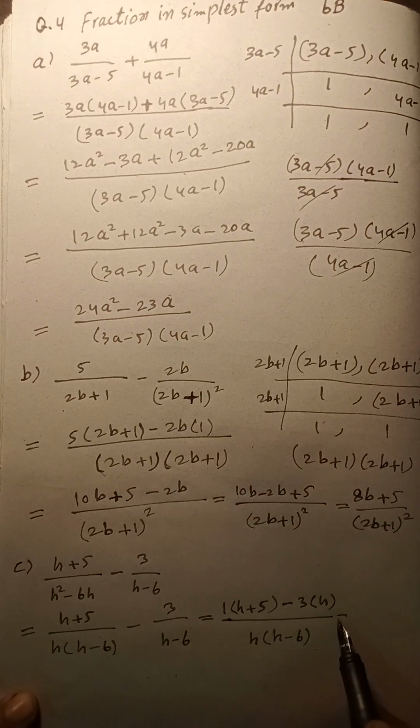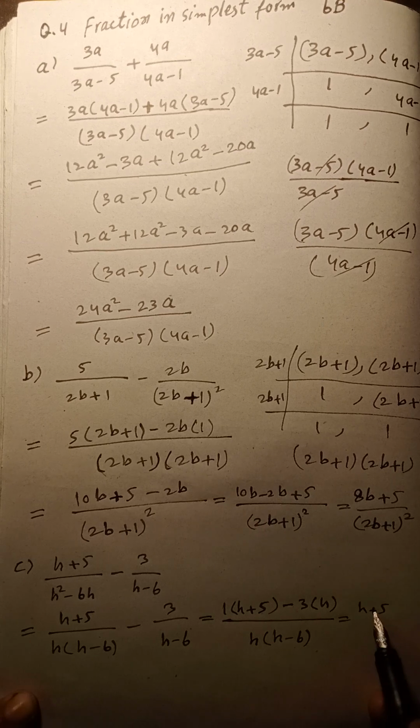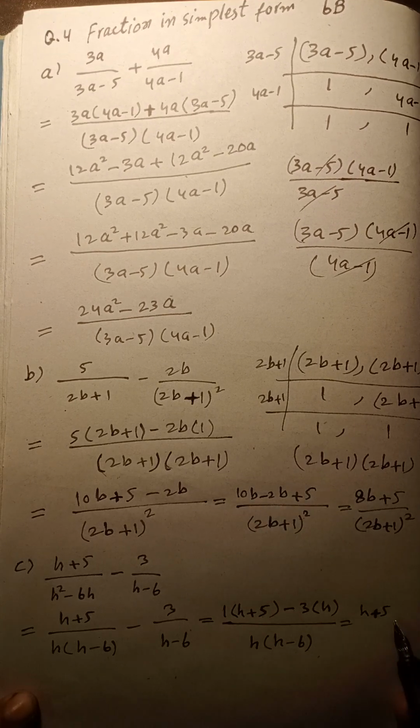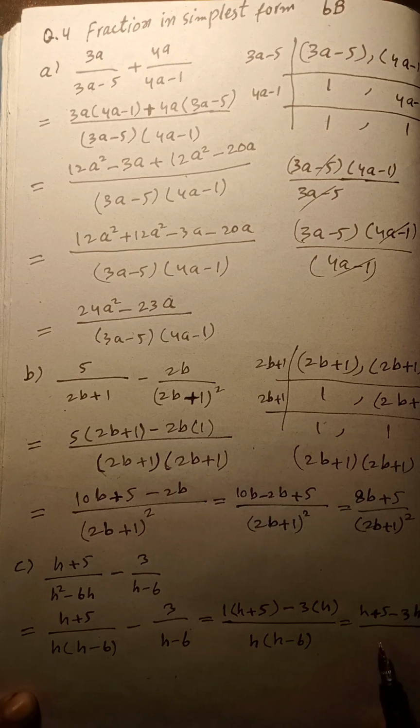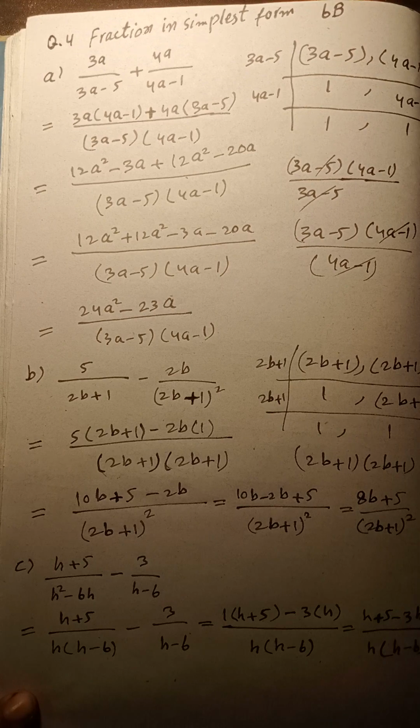Now here, h plus 5 and minus 3h over h into h minus 6.